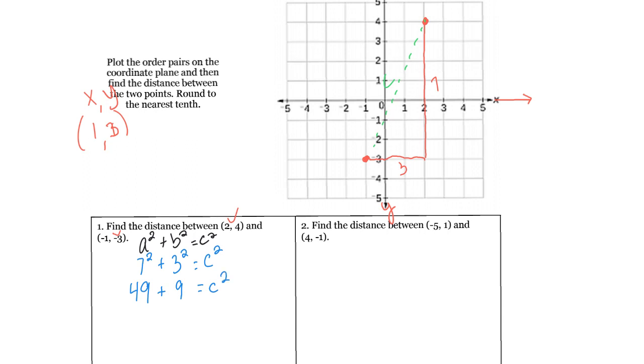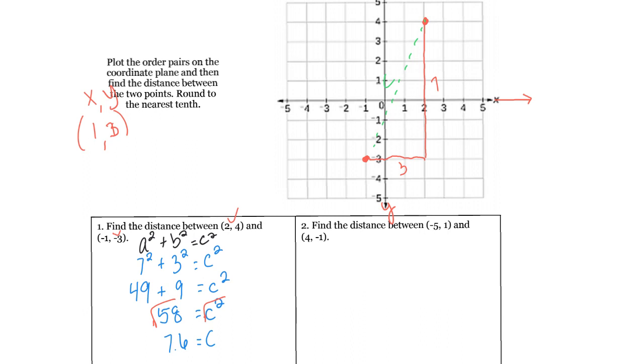And that's equal to C squared. What is 49 plus 9? 49 plus 9 is 58. That's equal to C squared. Now we take the square root of both sides, and we get C is equal to 7.6.